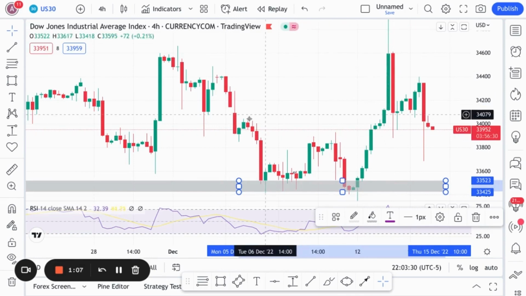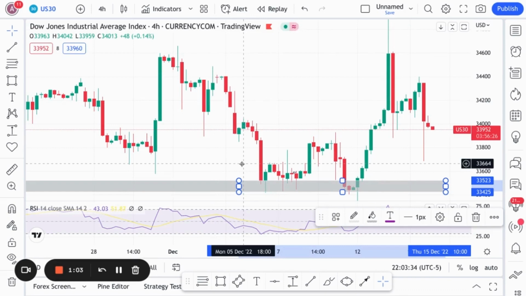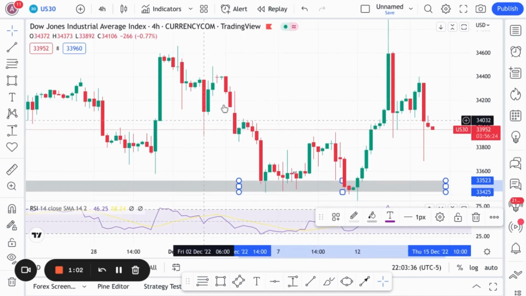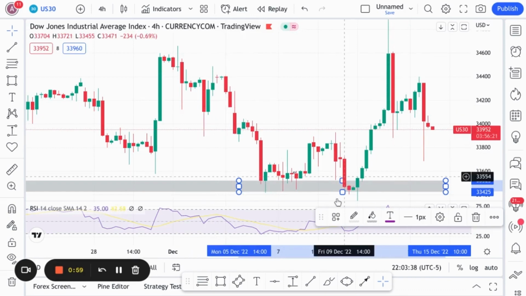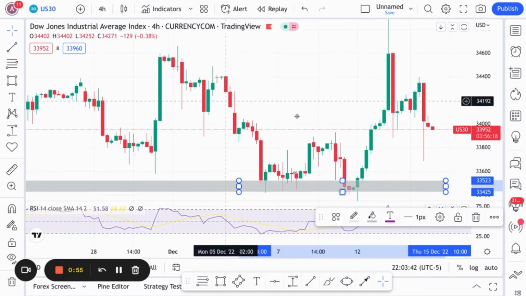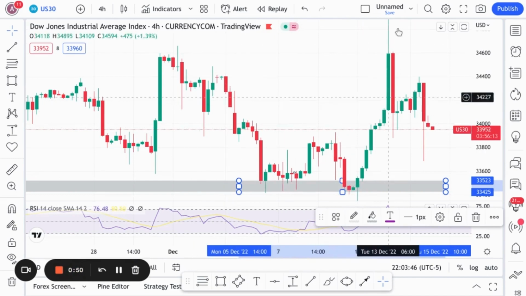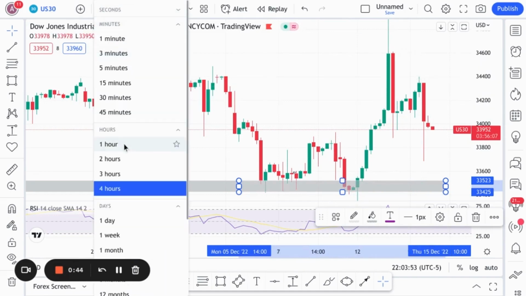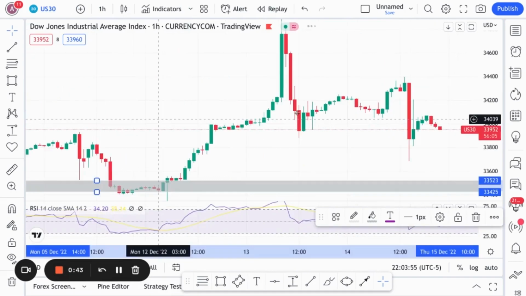So now this gap is officially filled, right? And you could have used that as a target of where you wanted price, if you were buying down here, this could have been a TP for you. Or it could have been a spot where, after it's filled, you begin to look for sales. So there's multiple ways that you can use gaps in the market.